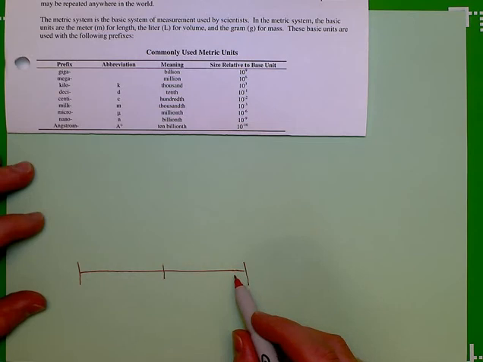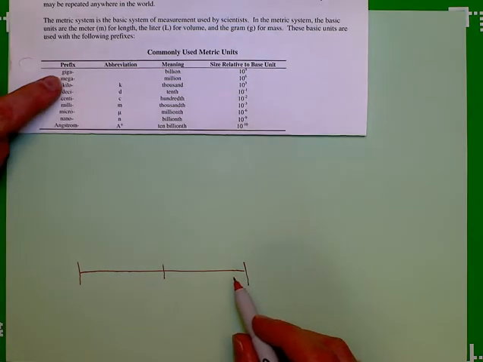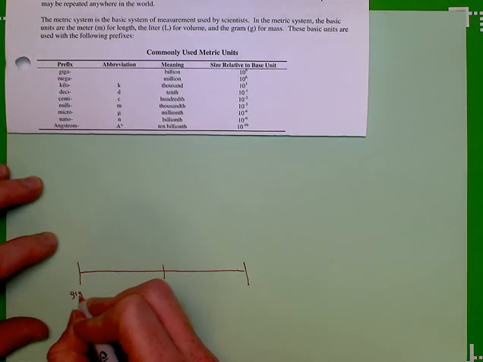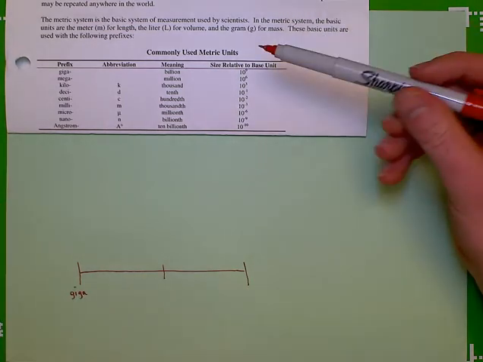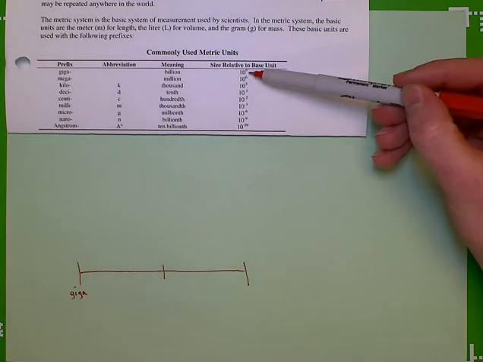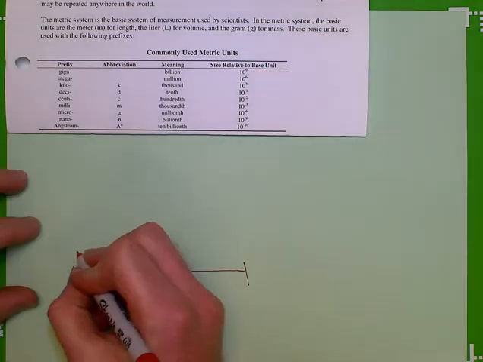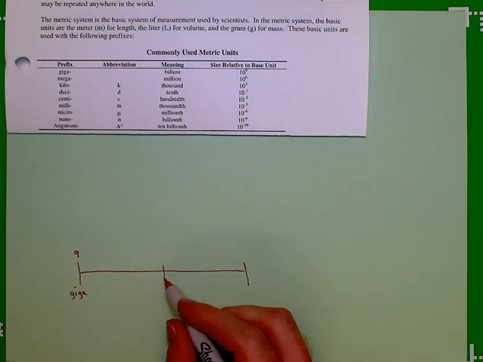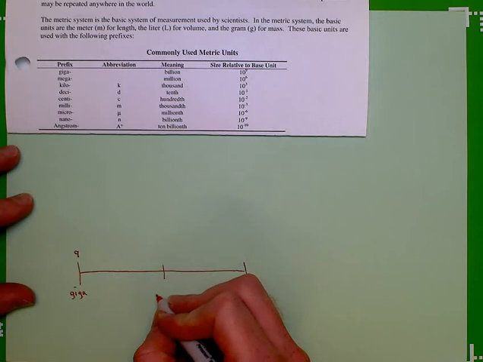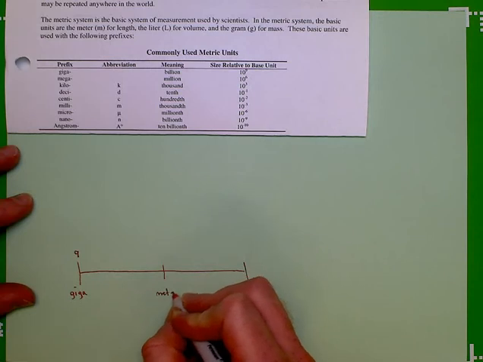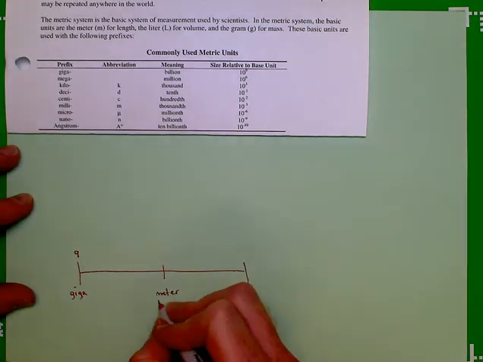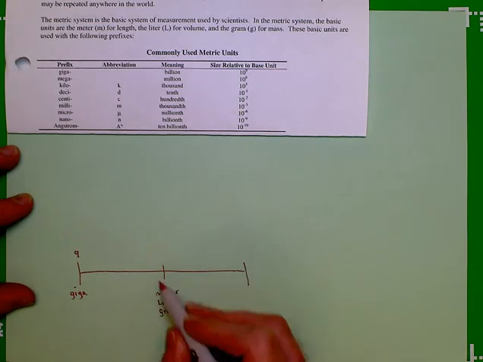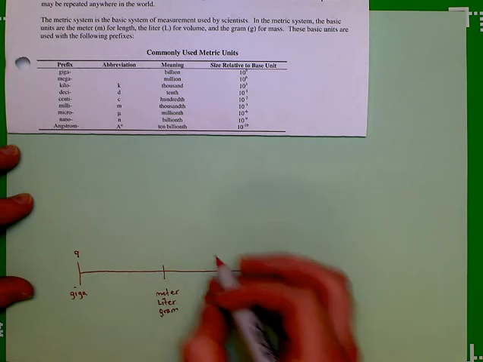The biggest one you can see here is giga. We're going to write giga here on the end, and the size relative to the base unit is 10 to the 9th. What I want you to write is just a 9. Here in the middle is our relative unit. In this case it's either a meter, or it could be liter, or gram. Whatever base unit you are talking about, that's going to be 0.